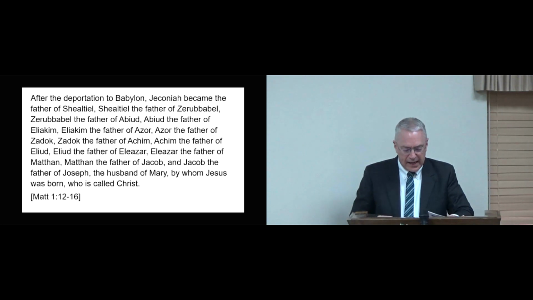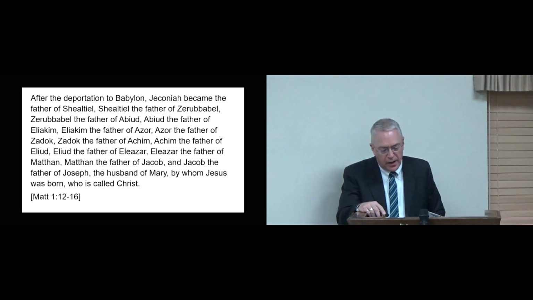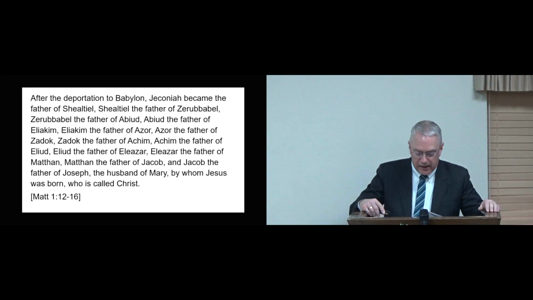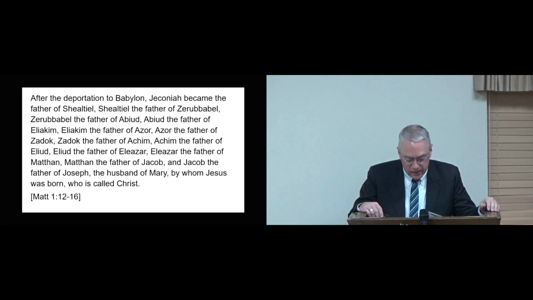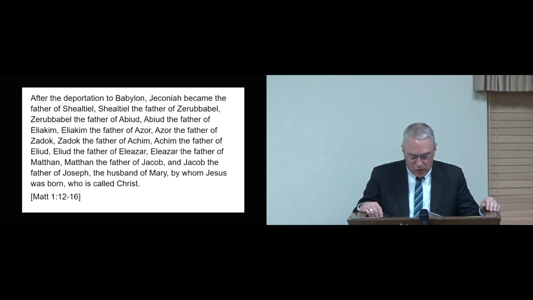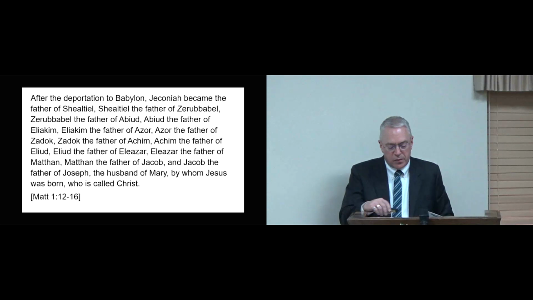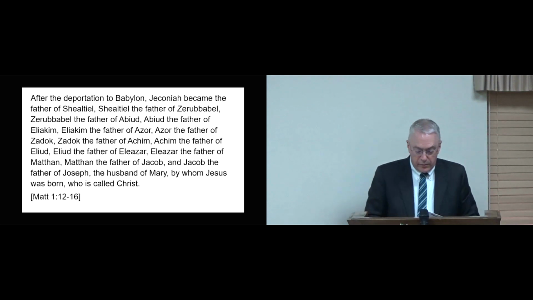And then finally, after the deportation to Babylon, Jeconiah, Shealtiel, Zerubbabel, Abiud, Eliakim, Azor, Zadok, Achim, Eliud, Eleazar, Mathan, Jacob the father of Joseph, the husband of Mary, by whom Jesus was born, who is called Christ.